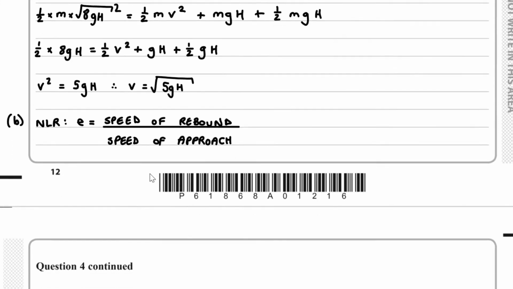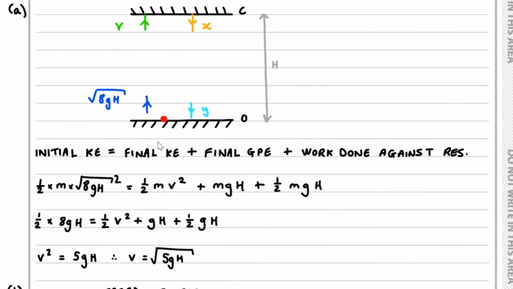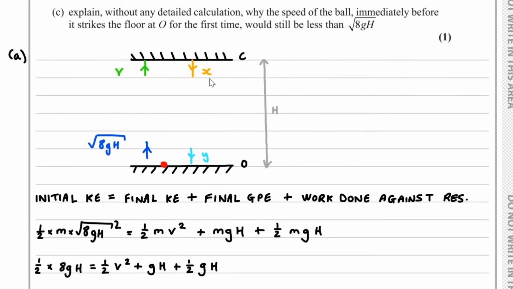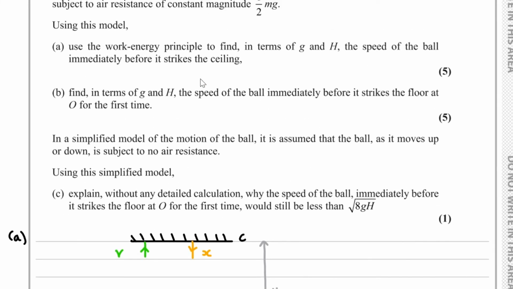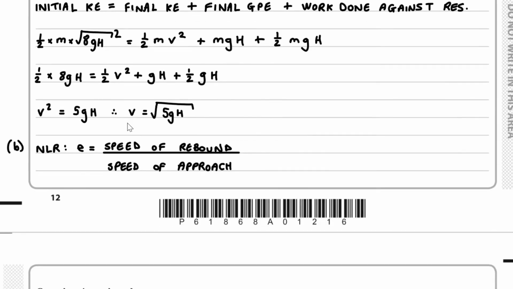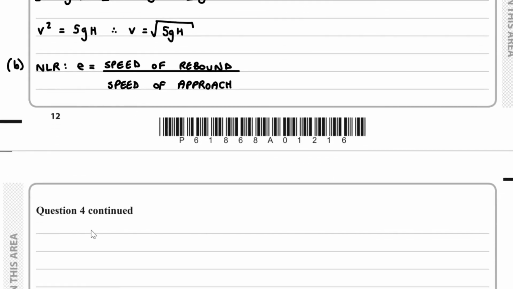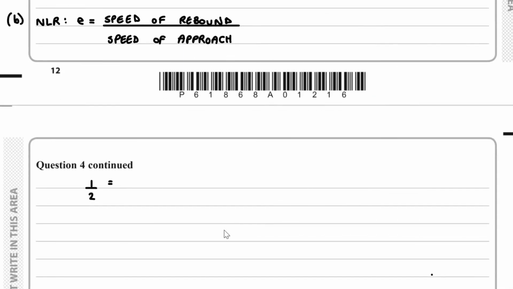We have over here, of course, from Newton's law of restitution, E is equal to the speed of rebound over the speed of approach. So if we go back to the question and our diagram, we know that E is equal to 1/2. So let's add this in. We've got here 1/2. And this is equal to the speed of rebound, which is what we're finding, that's x, over the speed of approach.